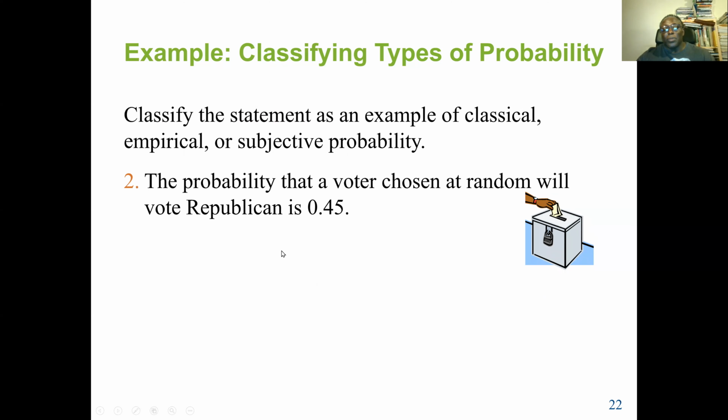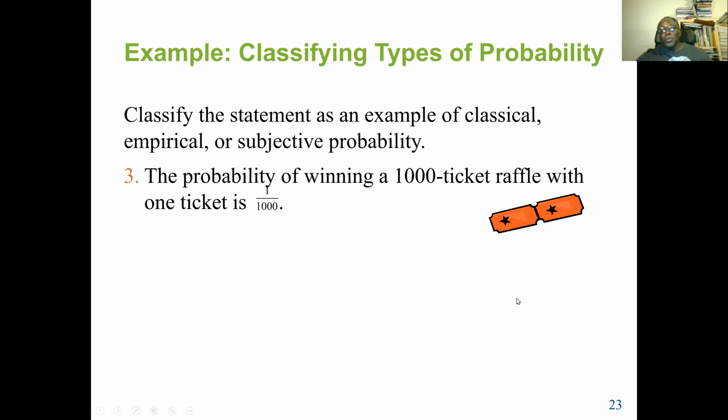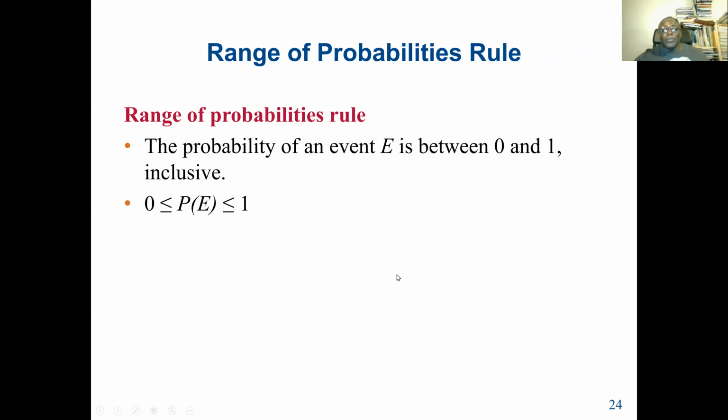Now, second, the probability that a voter chosen at random will vote Republican is empirical. So it's based on previous experience, most likely based on a survey. Then the probability of winning a 1,000 ticket raffle with one ticket is 1 by 1,000. So classical probability means equally likely outcomes.